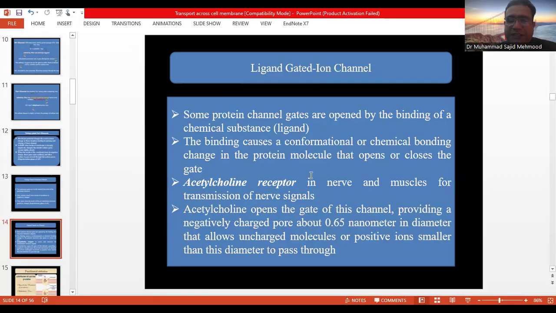One example is the acetylcholine receptor in nerve and muscles for transmission of nerve signals. When acetylcholine binds with this receptor, it opens up the channel, and the size of the opening is about 0.65 nanometer in diameter. Neutral or uncharged molecules or positive ions smaller than this diameter can pass through this acetylcholine receptor.